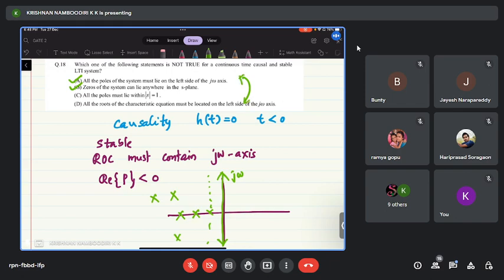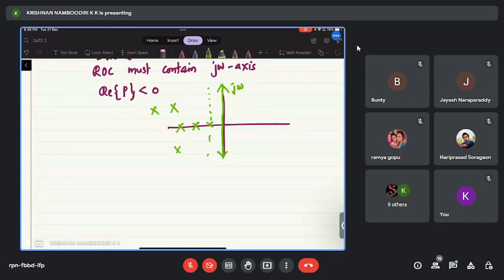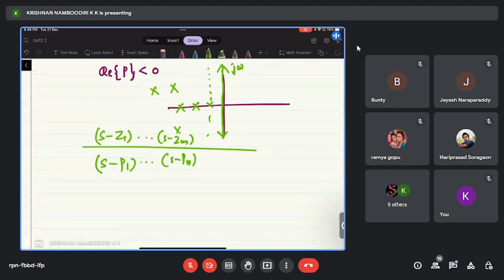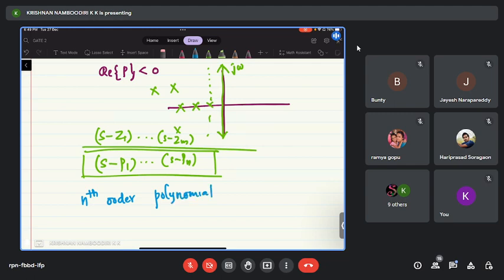What is the characteristic equation? Suppose I have a numerator, s minus z1 up to s minus zm, and here I have s minus p1 up to s minus pn. So basically this denominator is an nth order polynomial over s, correct?